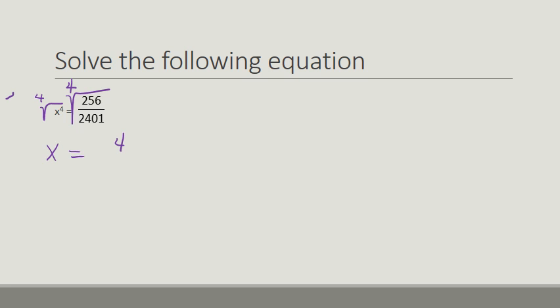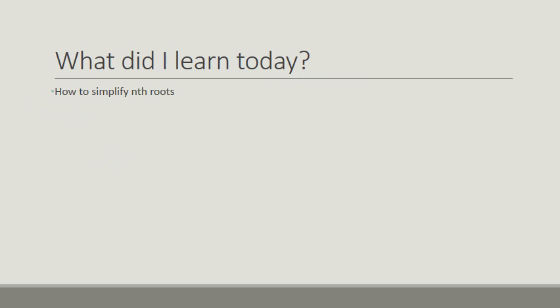And the 4th root of 2,401 is 7. So this is going to be 4/7, but because it's an even root, it's going to be positive or negative 4/7. So today we learned how to simplify nth roots, or roots that are higher than 2 and 3.